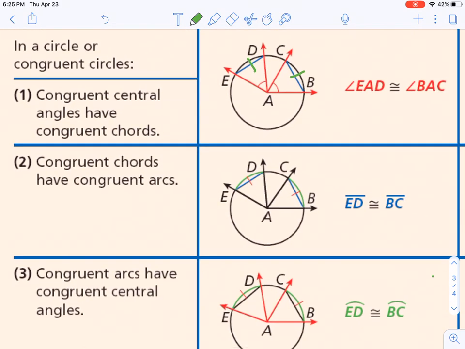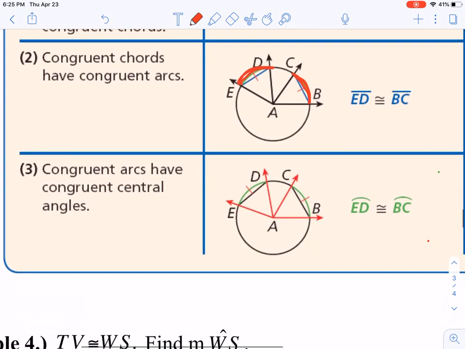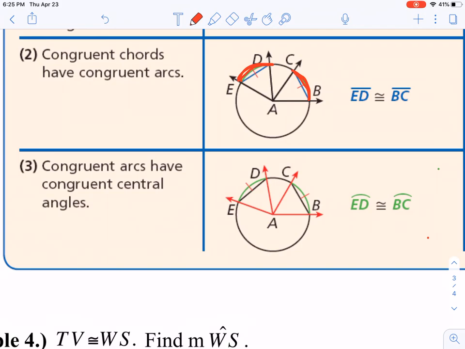Part two, congruent chords have congruent arcs. So in this case, if chord ED is congruent to chord CB, then arc ED is also congruent to arc BC. And finally, congruent arcs have congruent central angles.